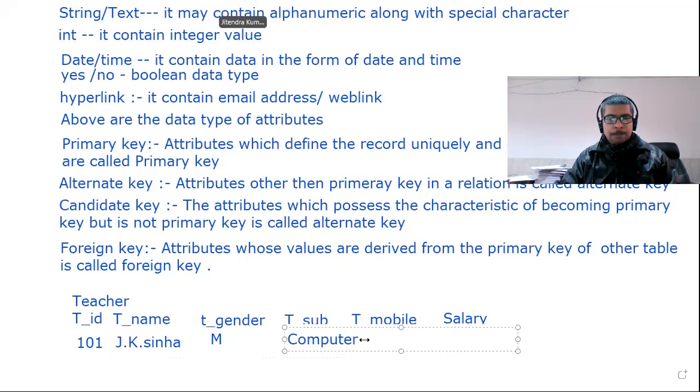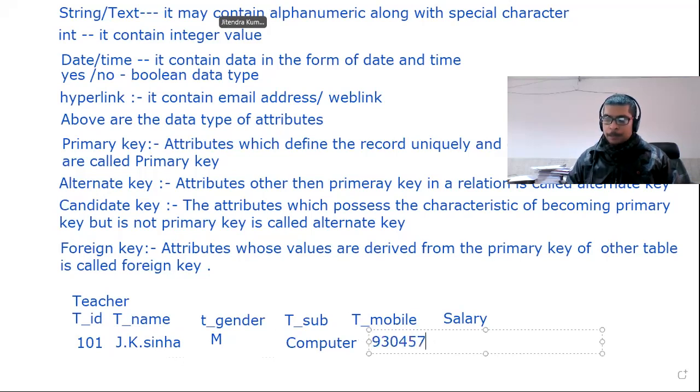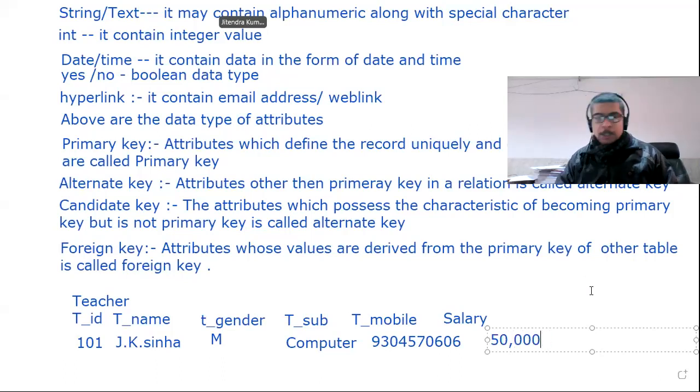Some of you say computer, it is not computer, it is computer. Mobile number 9304570606. Now it is not hidden. Salary 50,000. Right, so you can see. Now come to the topic.